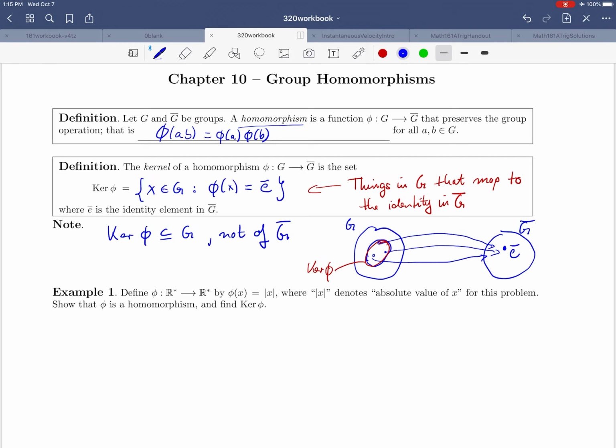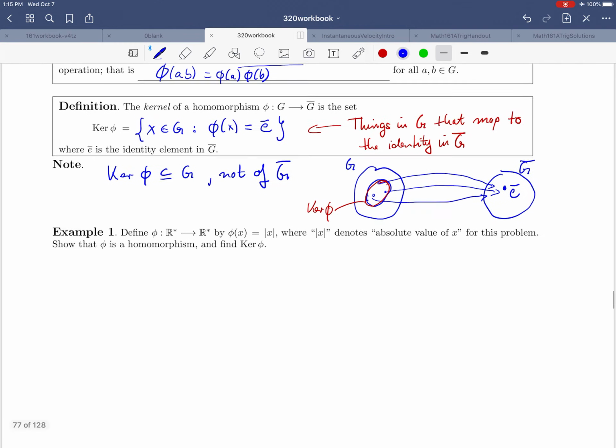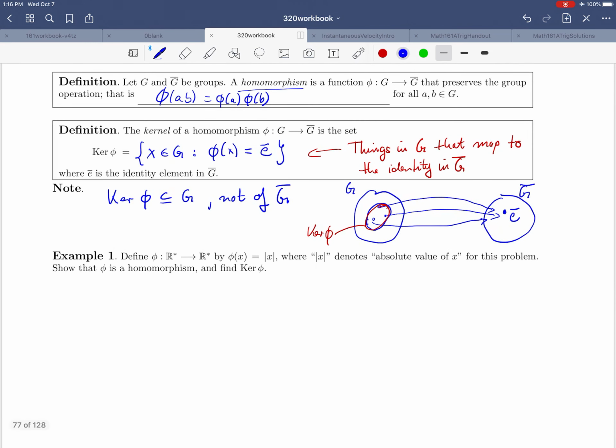Let's look at an example to illustrate what's going on here. Let's look at the homomorphism phi that goes from the real numbers without zero to the real numbers without zero, and it's defined by phi of x is the absolute value of x. We want to show that this indeed is a homomorphism, and we want to find the kernel of this homomorphism.